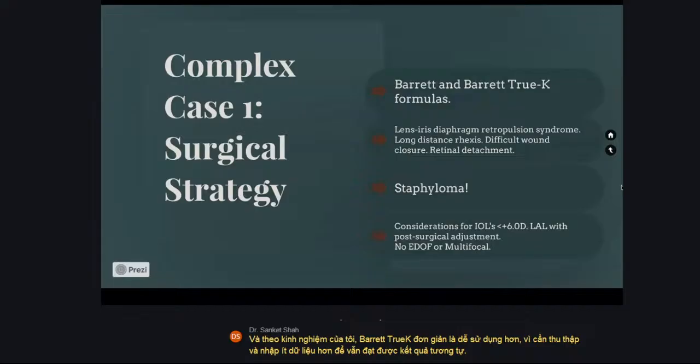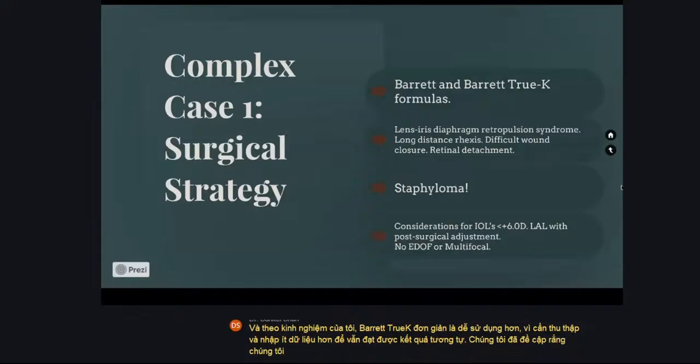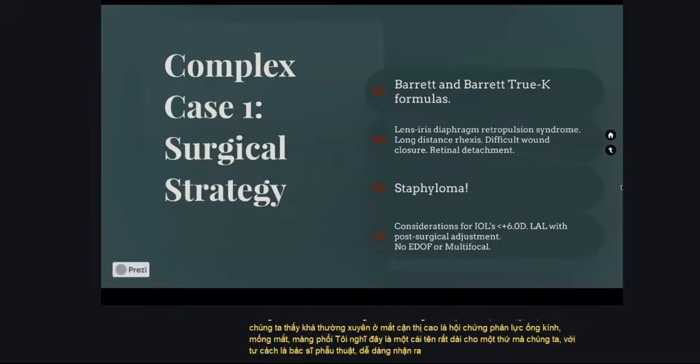We mentioned that we want to consider intraoperative and postoperative difficulties. So one thing we see quite often in high myopic eyes is lens iris diaphragm retropulsion syndrome. Now, this is a very long name, I think, for something that we as surgeons recognize easily as feeling like the chamber has deepened.